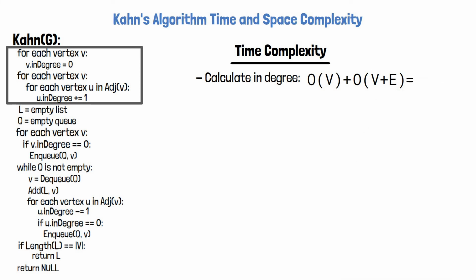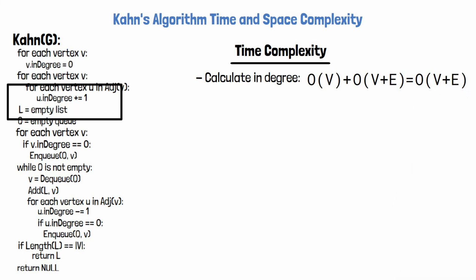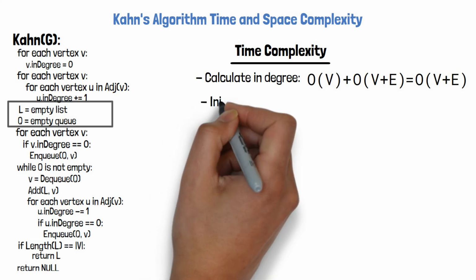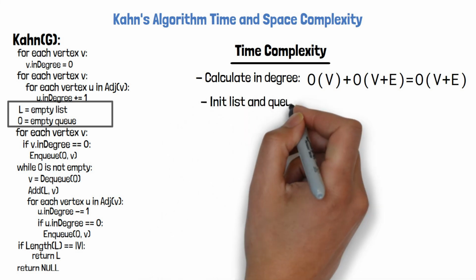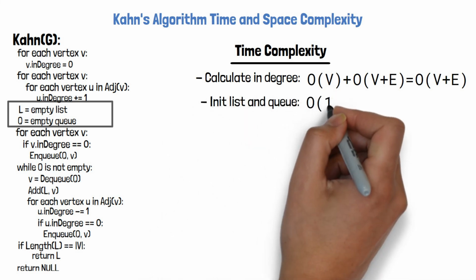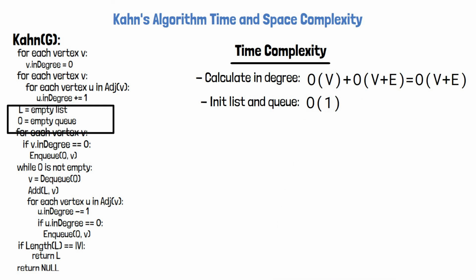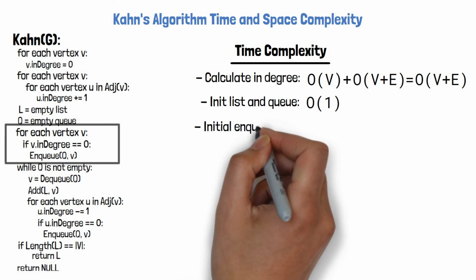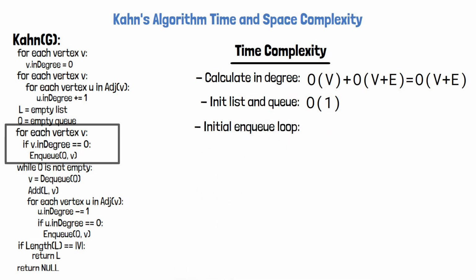And in total, the part of calculating the in degree is therefore big O of v plus e. Then we have initialization of the list and queue, which is of constant time, so it is big O of 1. Next we have another loop over the vertices in order to enqueue vertices with in degree 0, which its time complexity is big O of v.